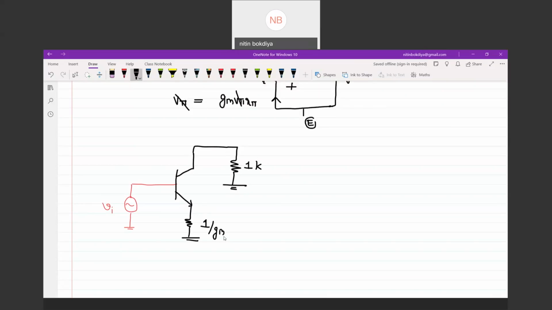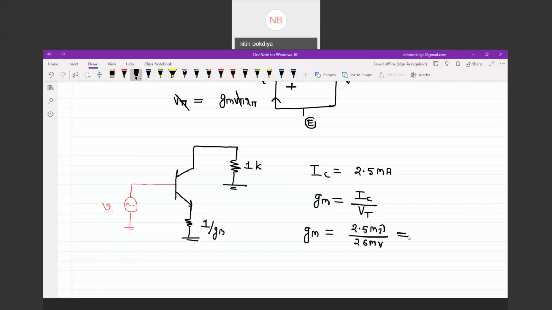What else is given for this circuit is the collector current, IC, which is 2.5 milliampere. So we know the value of GM is equivalent to IC by VT. So GM is 2.5 milliampere divided by VT, which is 26 millivolt.